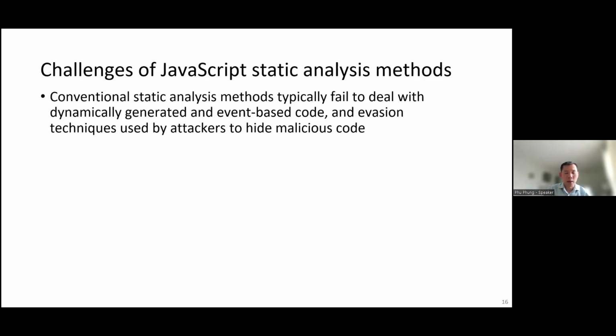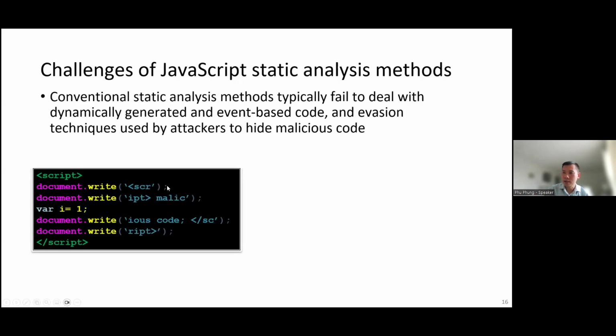For example, as I mentioned before, JavaScript is a dynamic language, so it can generate new code based on some event, or it can have evasion techniques that the attacker can use to hide the malicious code. I'll give you one example.